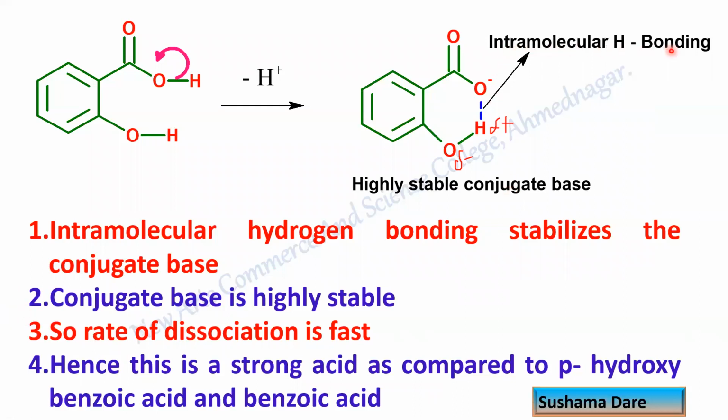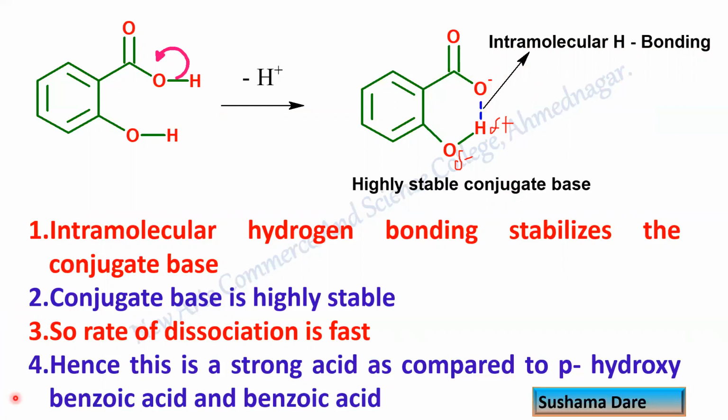So it is called intramolecular hydrogen bonding. Because of this hydrogen bonding, this oxygen with a negative charge, this negative charge meaning electron density, is transferred towards the other atom for the formation of intramolecular hydrogen bonding. In other words, there is a delocalization of charge.